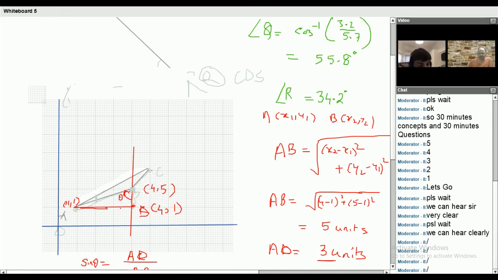So we have to find this angle. That's A and C.